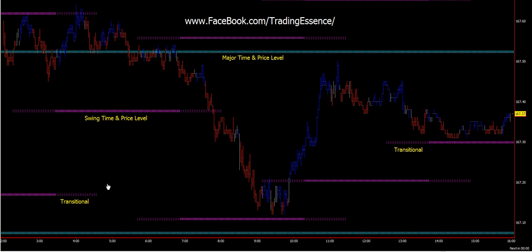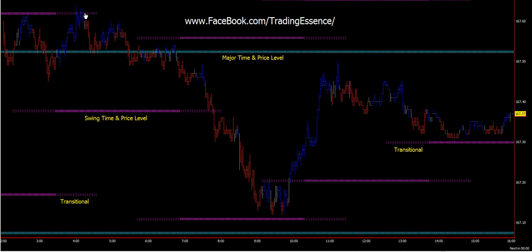When you start to brush up against that transitional point, it's got to make a move one way or the other. The simplest way to put it is that time is running out on price. But like I said, I'll get into those transitional points at a later time.